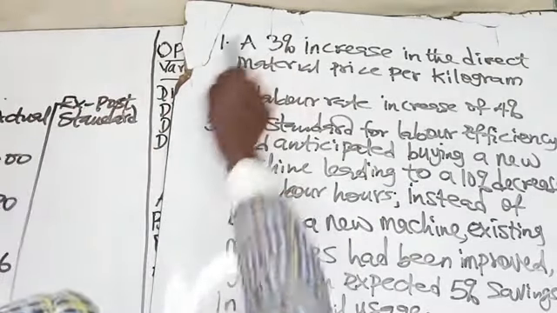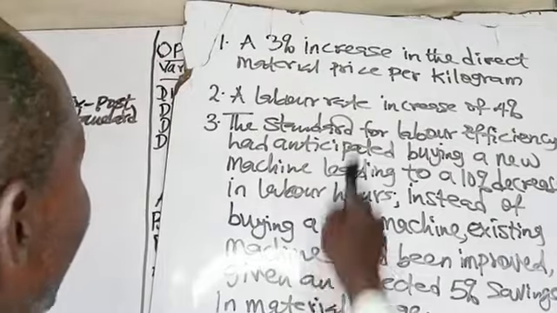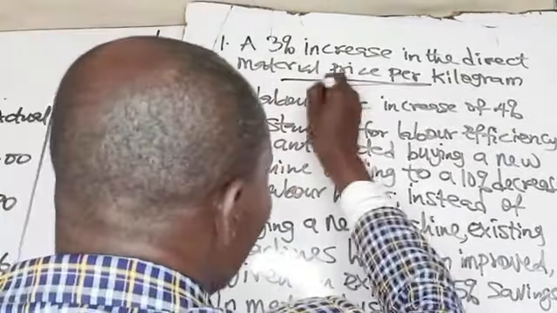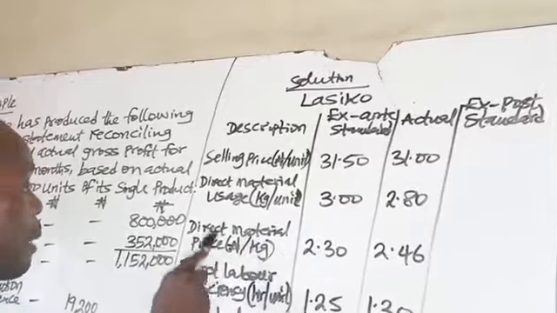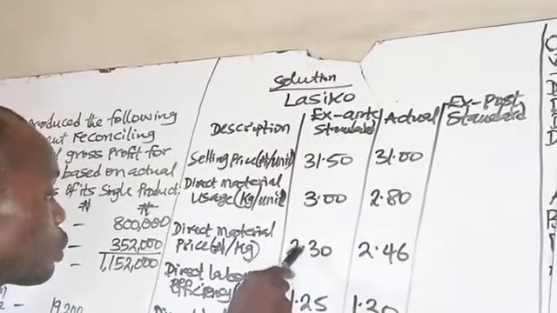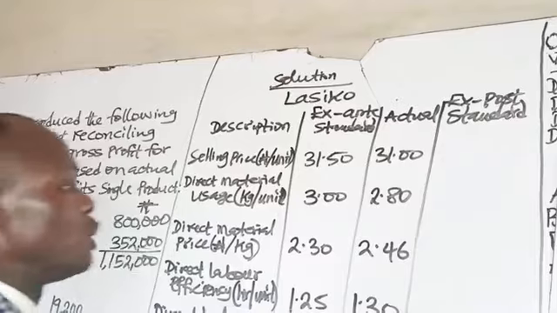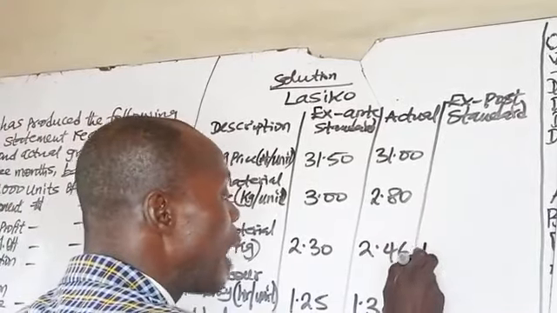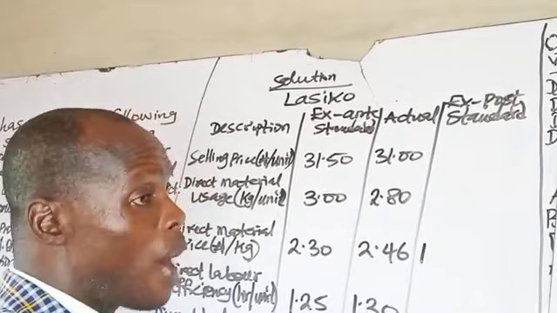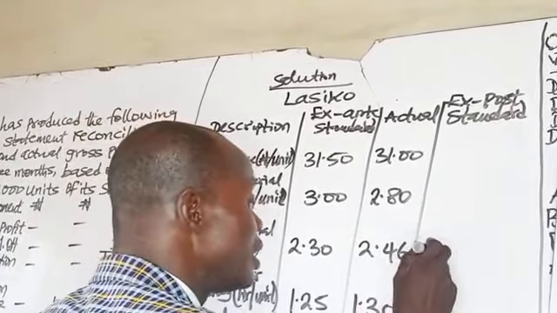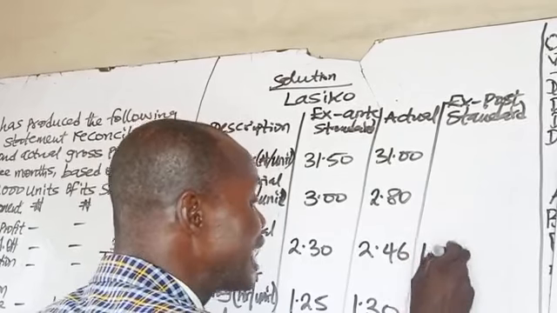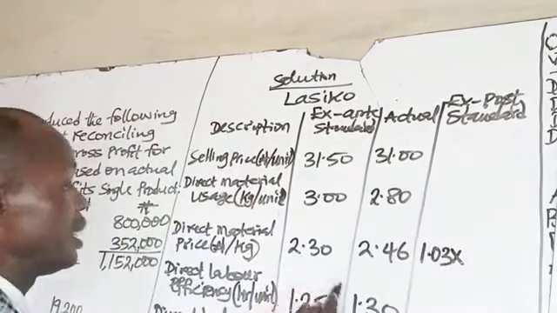Now, 3% increase in direct material. It is the price per kilogram you want to increase, not direct material usage. That is not the one to increase. Direct material price: the initial price was 2.3. If you increase it by 3%, adding 3 to 100 gives 103, then 103 divided by 100 is 1.03, times 2.3.